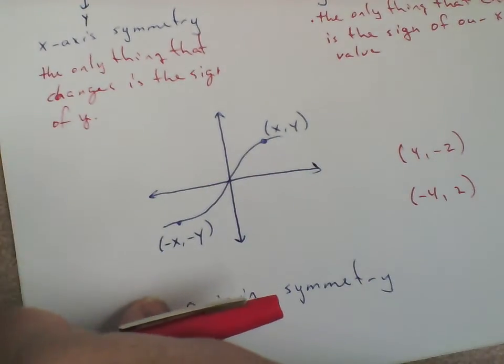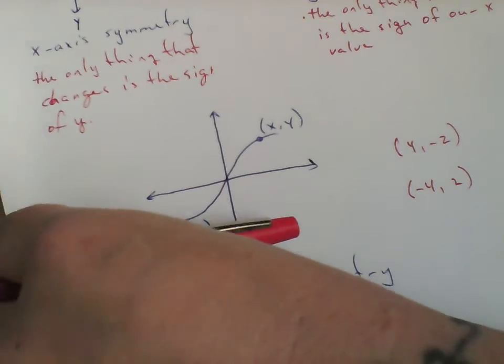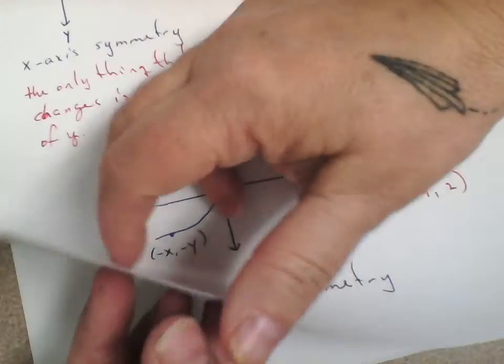So there's some graphical tests for symmetry and there's algebraic tests for symmetry. We're going to write down the rules for both of those. I can actually make this piece of paper turn. I don't want to do it all in red pen. So for the graphical test, we're going to have a couple of little charts here on what you could do.